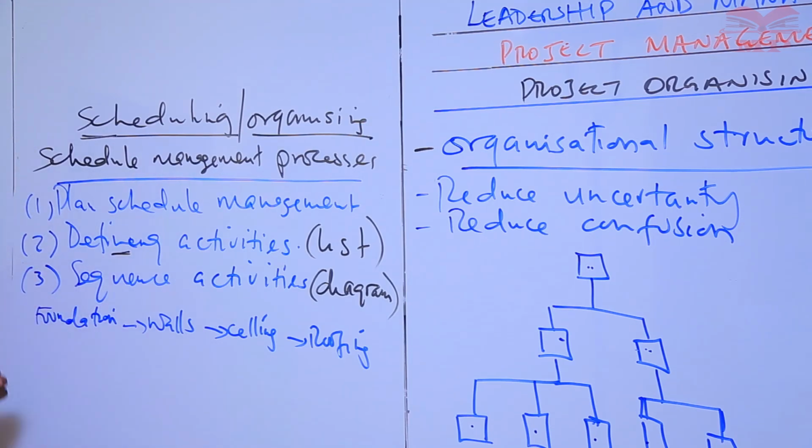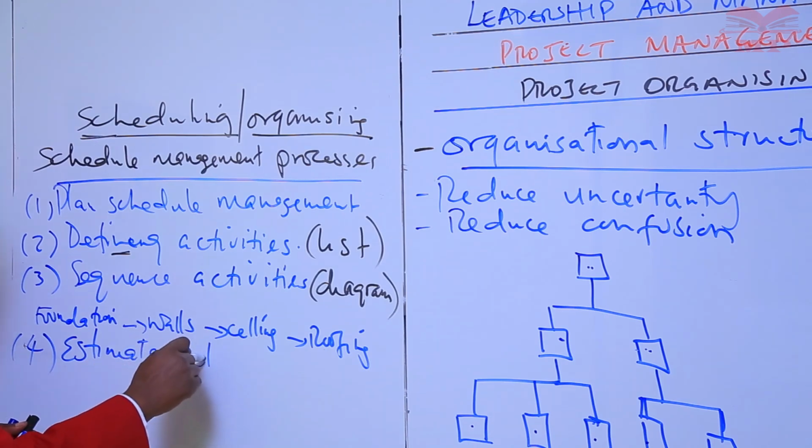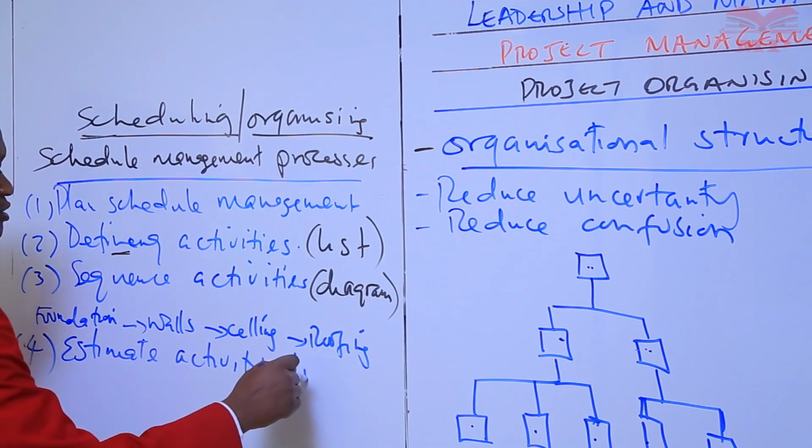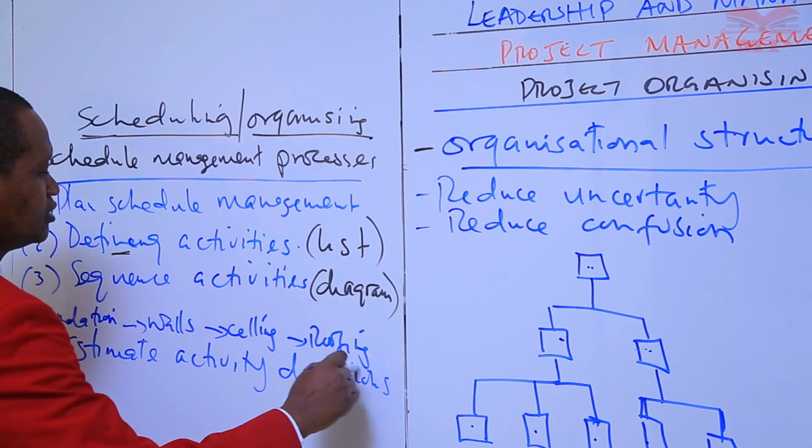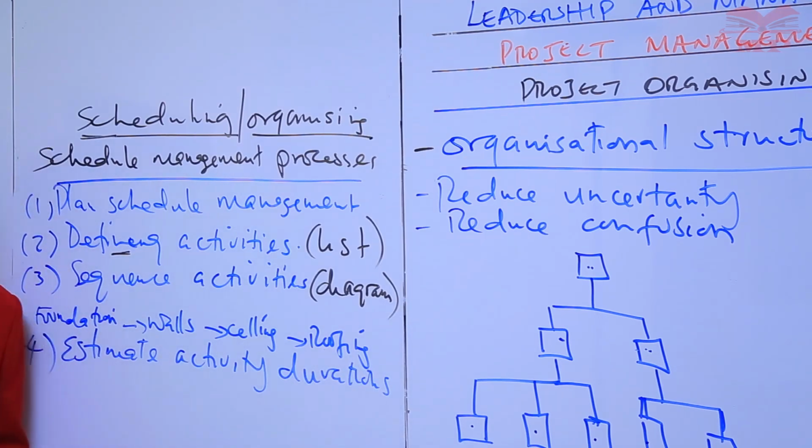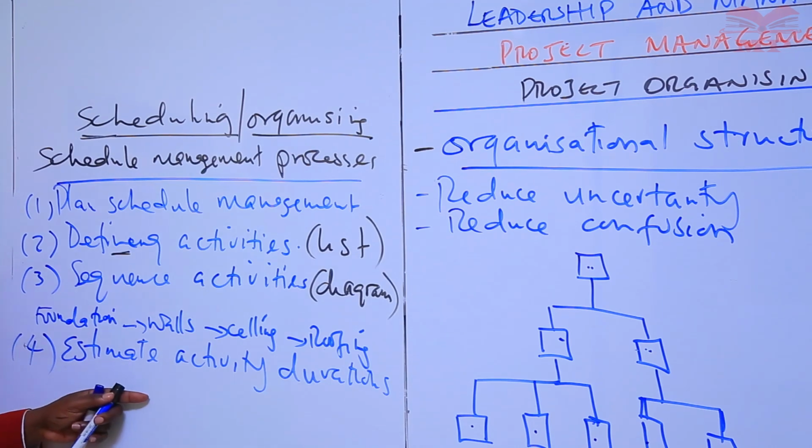So the fourth process, number 4, is estimating activity durations. Estimate activity durations. Now, this is the process of estimating the number of work periods needed to complete individual activities with estimated resources.